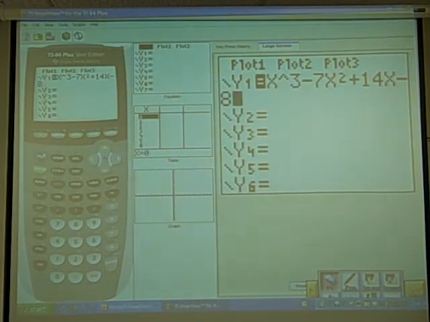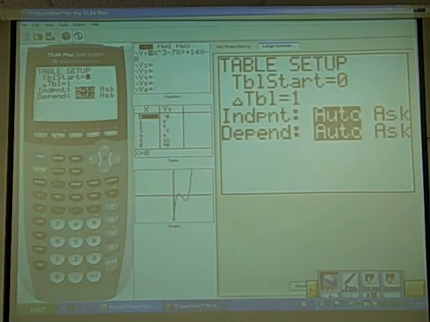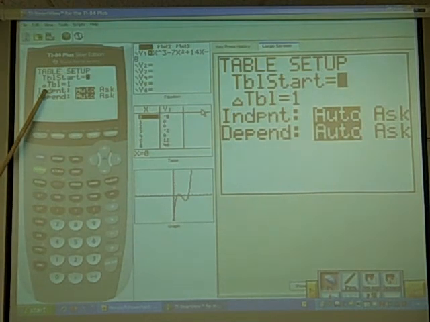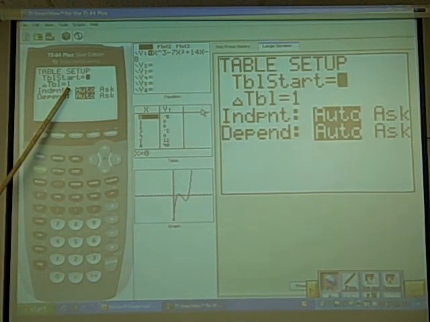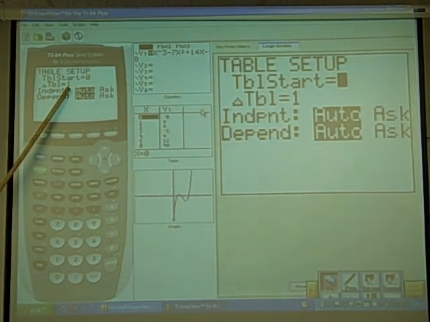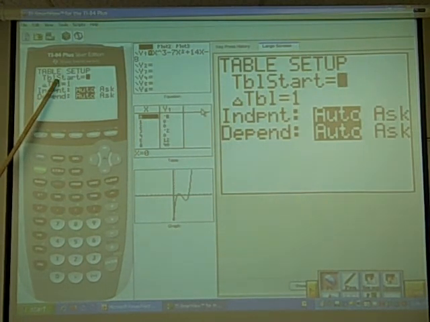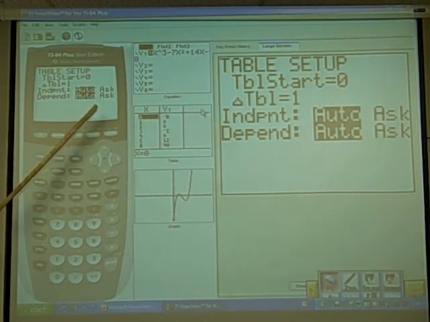And we're going to go to second and table set, and you see this triangle, this delta table. You want to put that at 1, because it's easier to read. And what this means is it's going to start our table of values at 0.